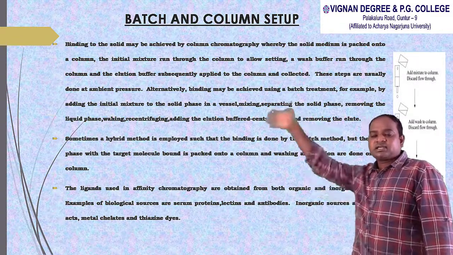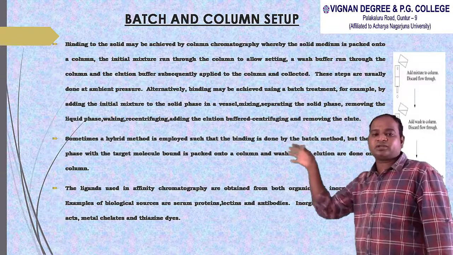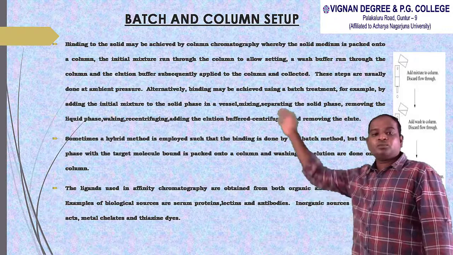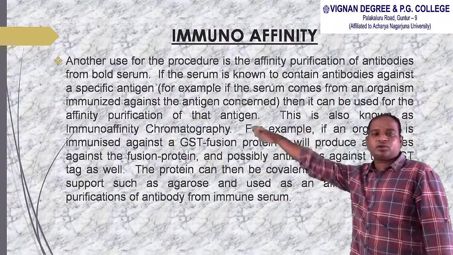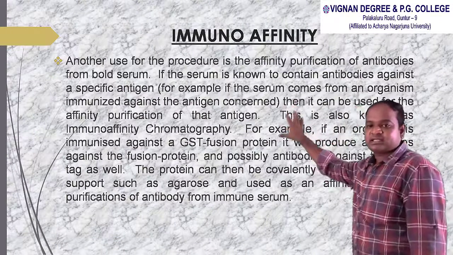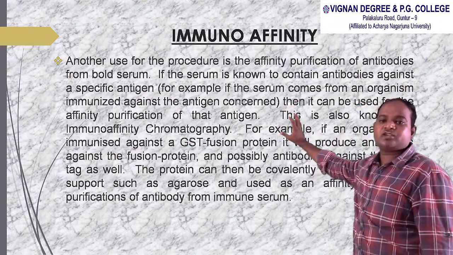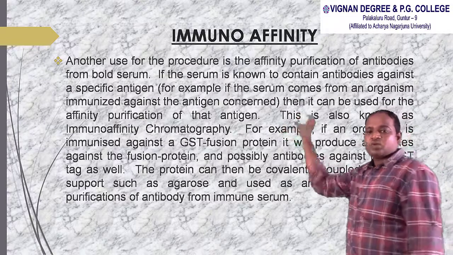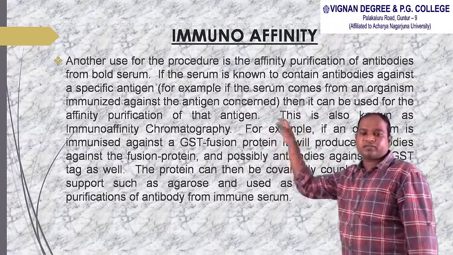So likewise, affinity chromatography is used for different purposes, like immunoaffinity. What happens in immunoaffinity is a specific interaction, that is, the antigen will go and bind to the antibody only. This is the main principle behind the immunoaffinity technique.